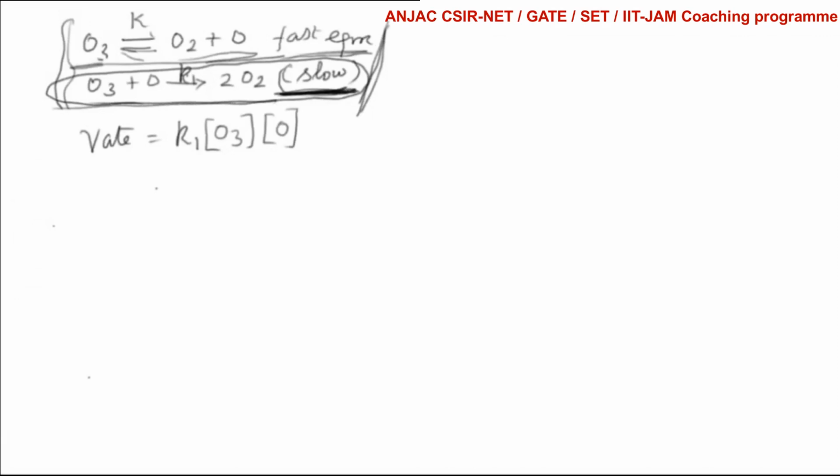What is a reaction constituent? Either the reactants or the products, because those species are the stable species. But here the intermediate species is unstable and transient. Therefore, you should suitably substitute the concentration of O in terms of the reactants or the products.